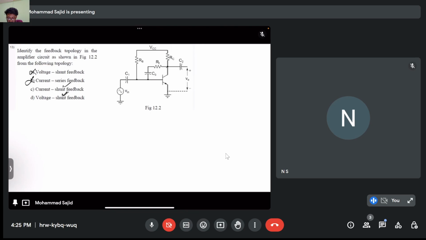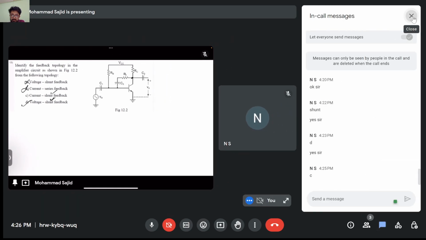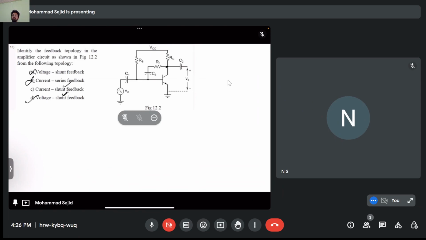Now it samples voltage here, right? If it was in series, then it would have been current shunt. So now it's a voltage shunt, right?